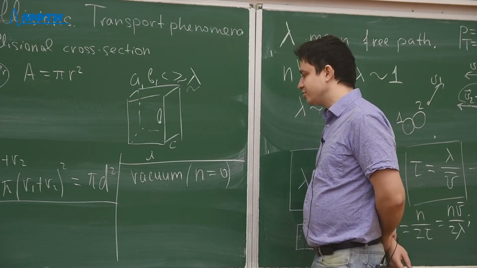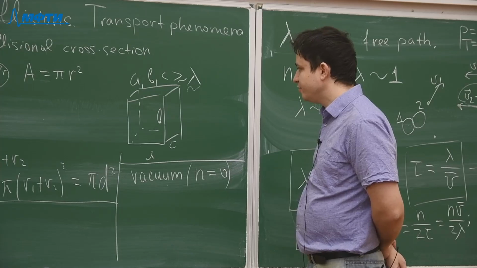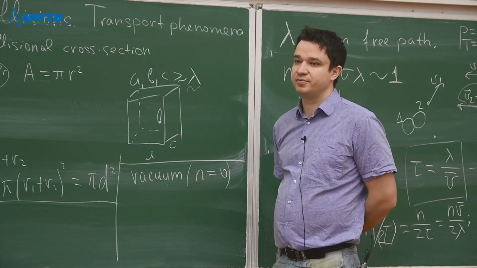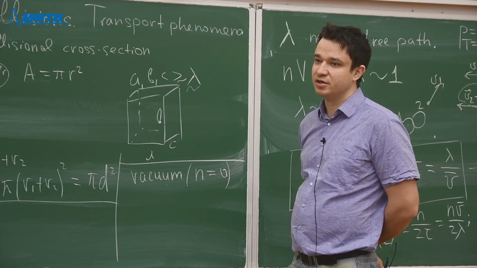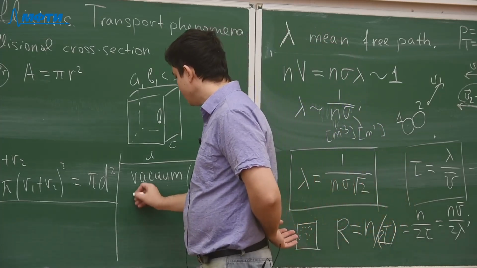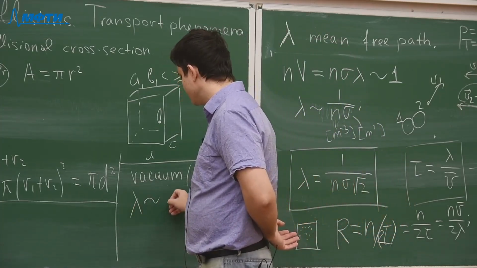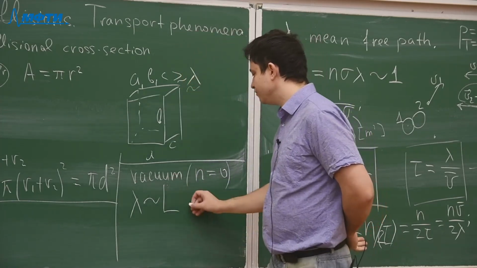What's actually important is how the mean free path of your molecules compares to the size scale of your cylinder or vessel or another system. So if, for example, lambda is approximately equal to the size scale of the system, this is considered physical vacuum.